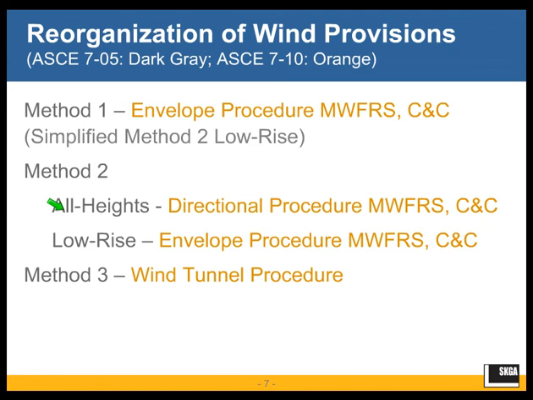These two methods, the all heights method and the low-rise method, are based on different things. They have, frankly, different motivations behind them. And most importantly, if you would design the same building by the two methods, you will not get the same designs. That is important to understand.